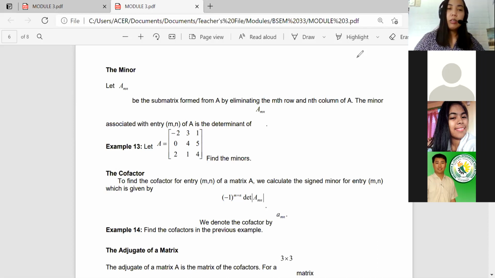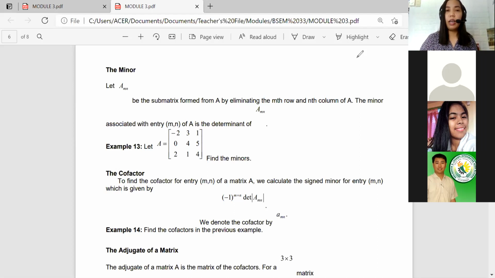Let matrix A sub mn be the submatrix formed from A by eliminating the mth row and nth column of A. The minor associated with entry mn of A is the determinant of matrix A sub mn. Yung kinukuha natin class na values na nasa loob. Halimbawa, find the minors.